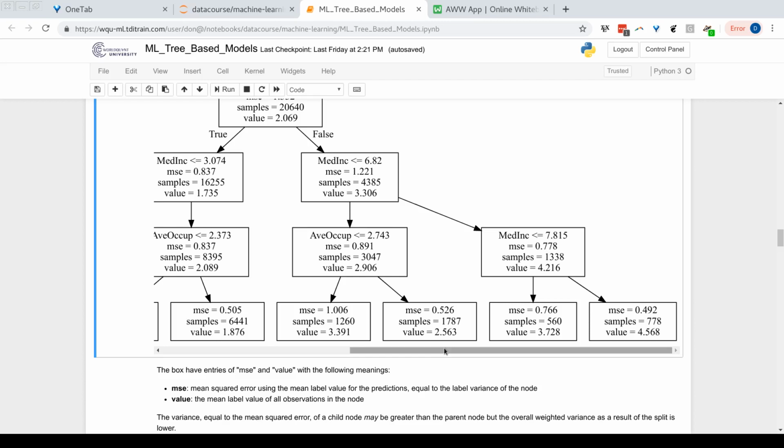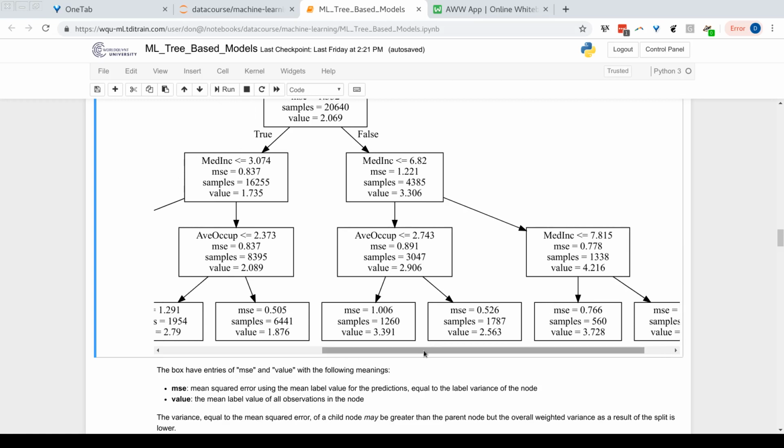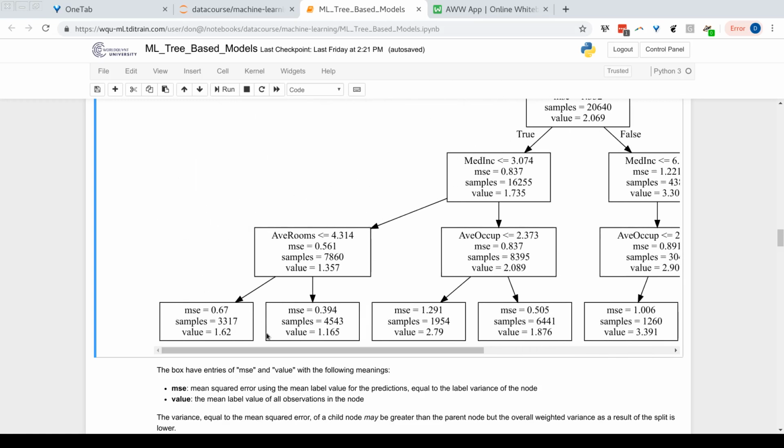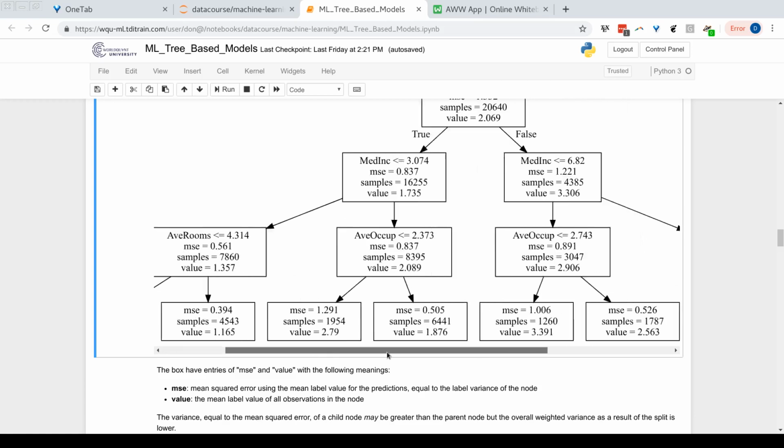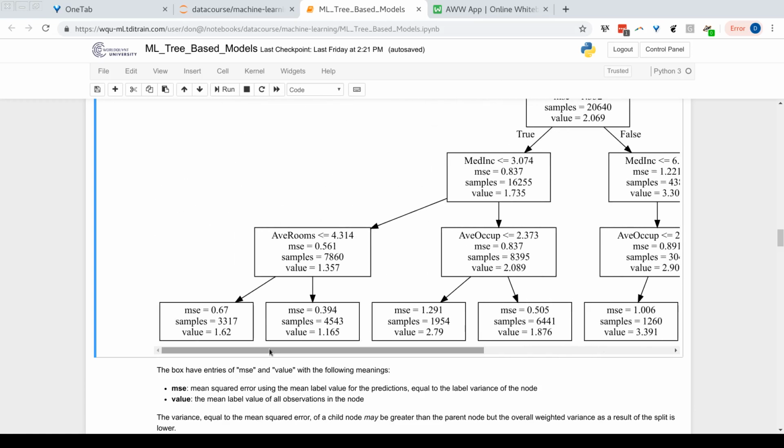How many distinct values will we get from this model, given the fact that we have a max depth of 3? Since we have a max depth of 3, we're going to have a total of 8 nodes at the deepest level. So we have 8 leaves here. So we're going to have a total of 8 distinct values we're going to predict.